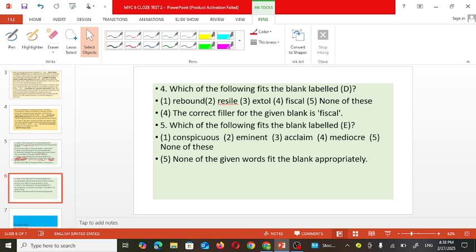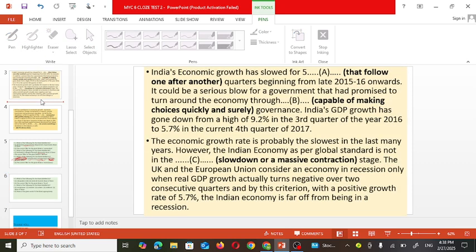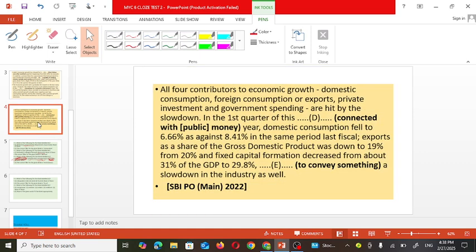Now for the fourth filling the blanks, options are rebound, resile, extol, fiscal, and none of this. Now see first, filling the blank. All four contributors to the economic growth.